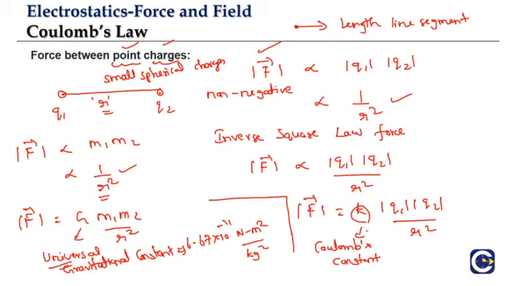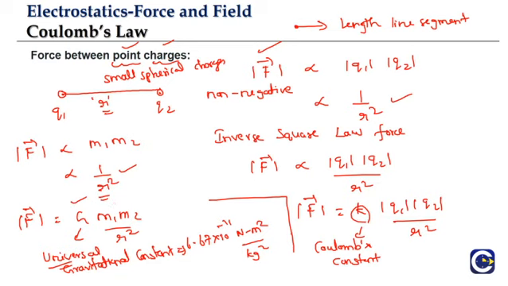The reason why we have some constants as universal constants is that universal constants don't depend upon other factors. They will always be constant, like the gravitational force between two masses: whether we are measuring in air or in water, whatever the medium between the two masses, the capital G value does not depend upon it.